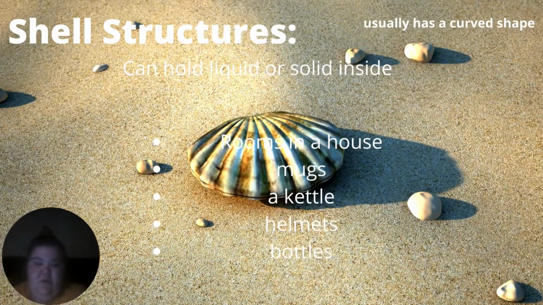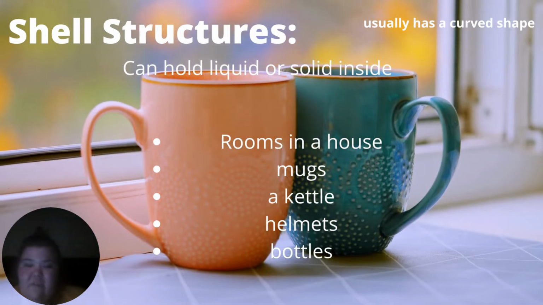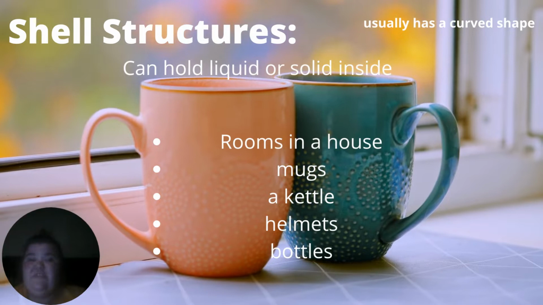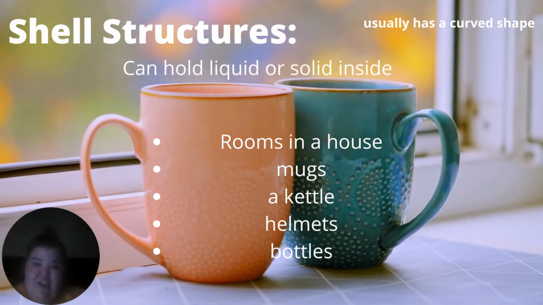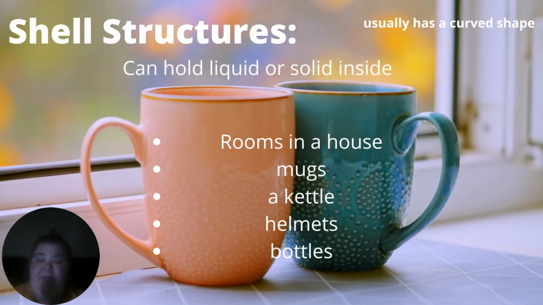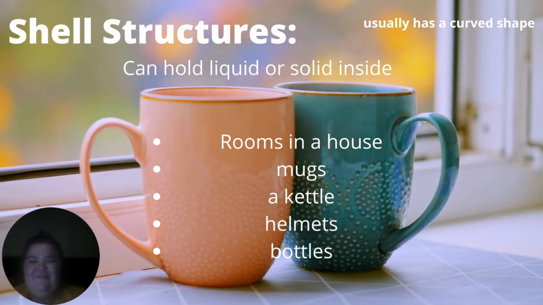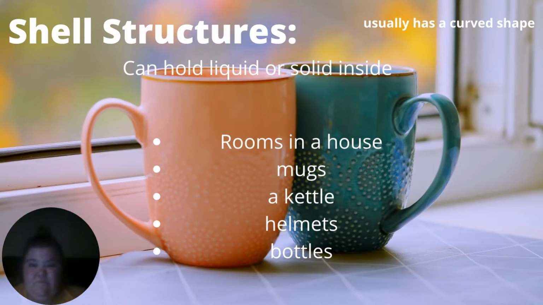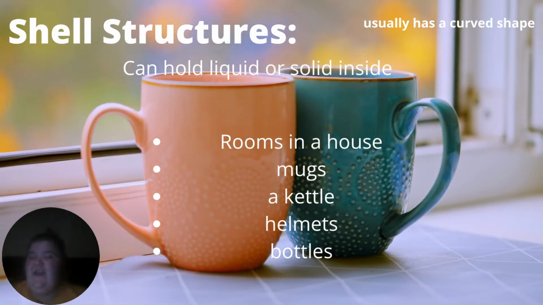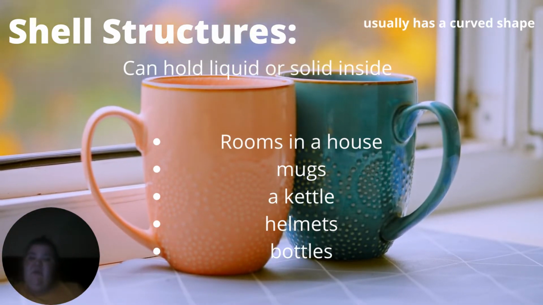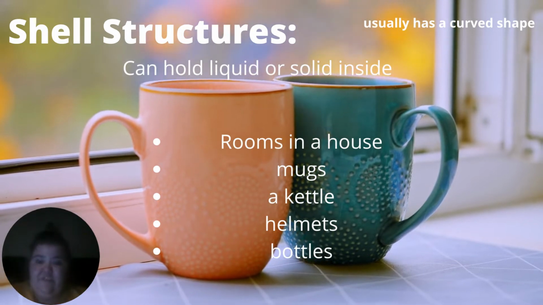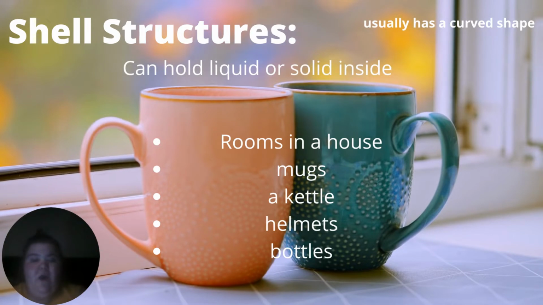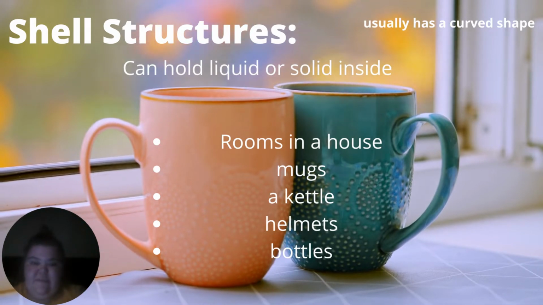Another example, your teacher just put an extra image in here to show you it can be mugs as well. There are two pretty mugs. Okay, so a shell structure is anything that can hold a liquid or solid and has a curvy shape.